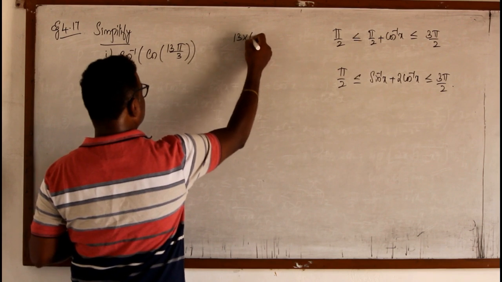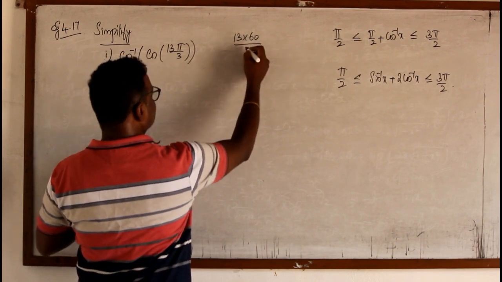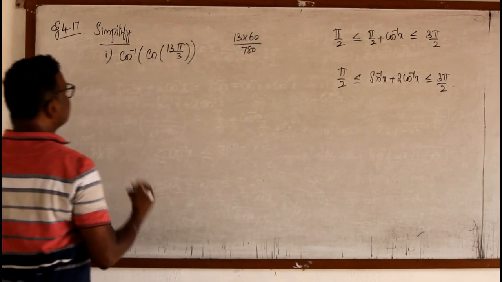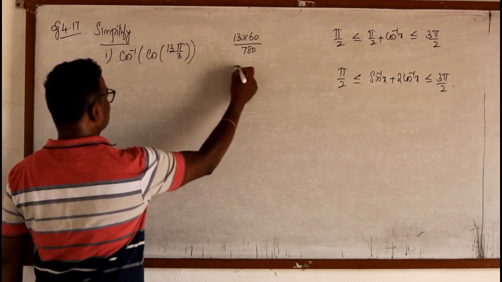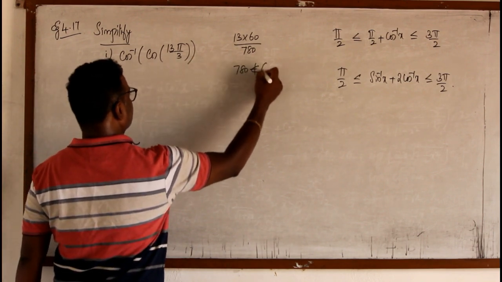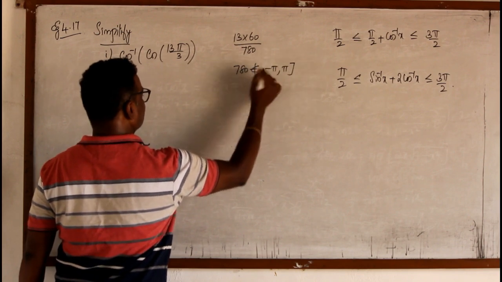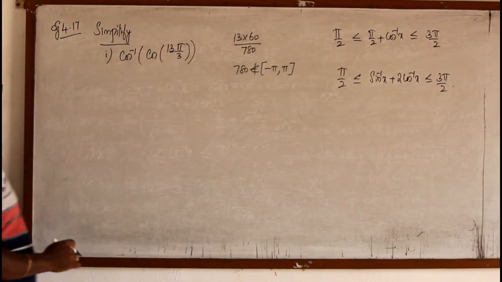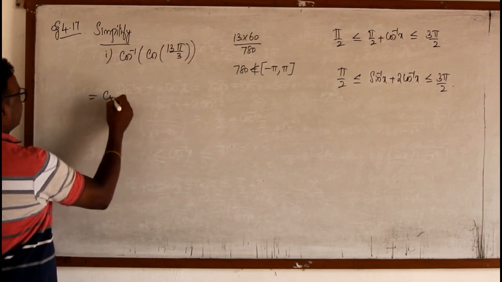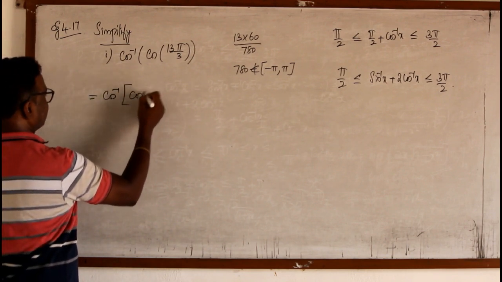So 13 into 60, that is 780. 780 does not belong to minus pi to plus pi. So we cannot cancel cos inverse and the cos. Therefore, we shall go for some other method.